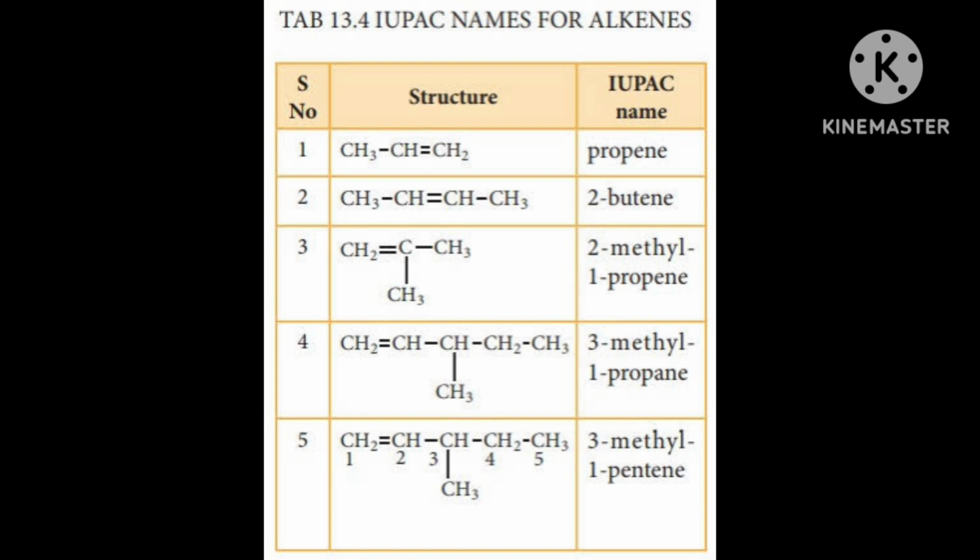The double bond is near, at distance 2 carbon: 1, 2, 3. Actually, carbon number 3 and carbon number 6, the double bonds are there. Carbon number 3 and carbon number 6, double bonds are there.